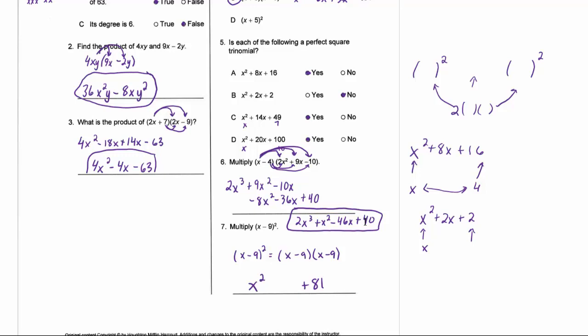It is x squared and it is plus 81, but there is a middle term that comes from doing the x times the negative 9 here and the x times the negative 9 here and adding them together. So you'd get negative 9x and then another negative 9x, which together makes negative 18x.